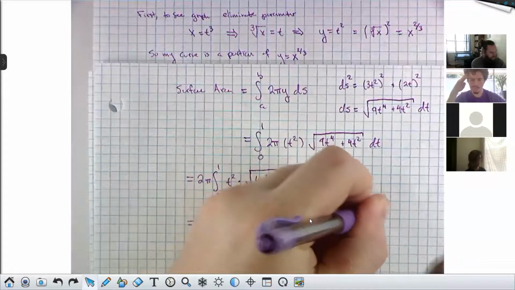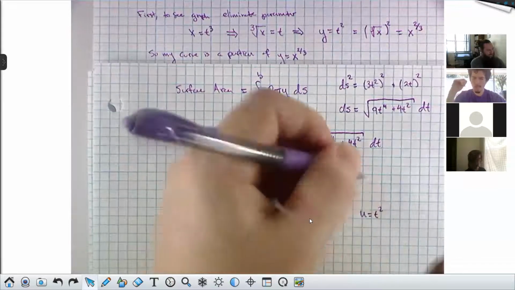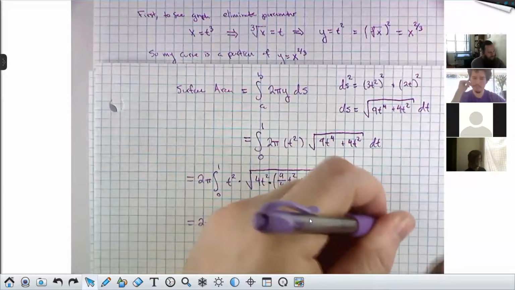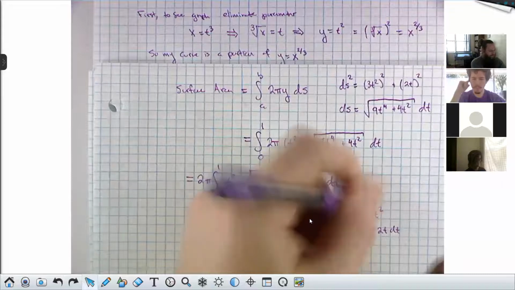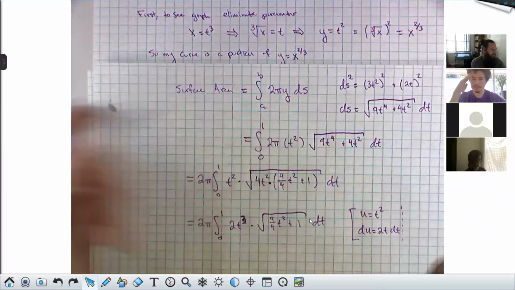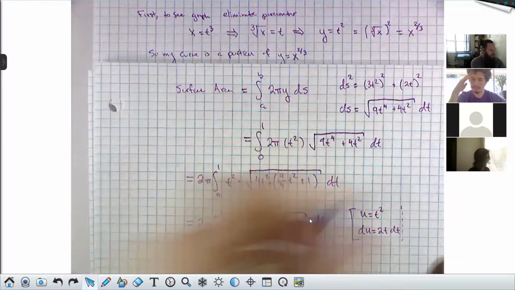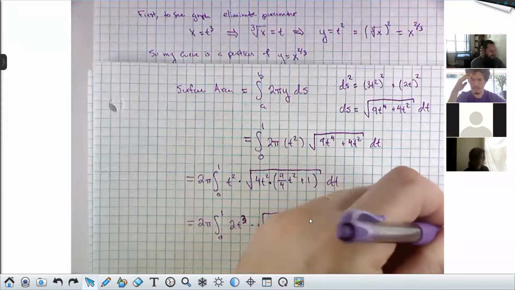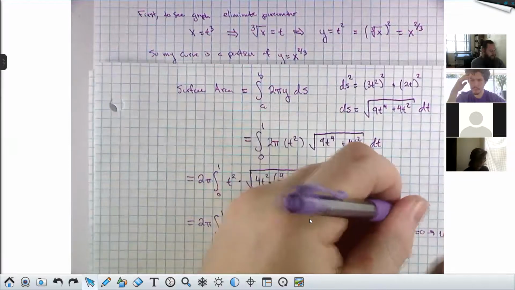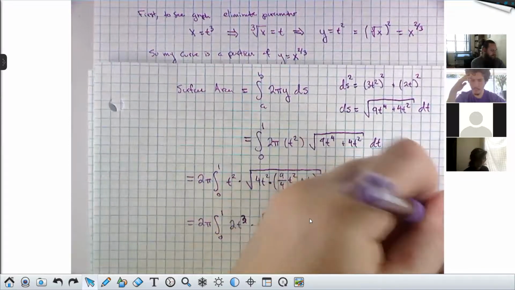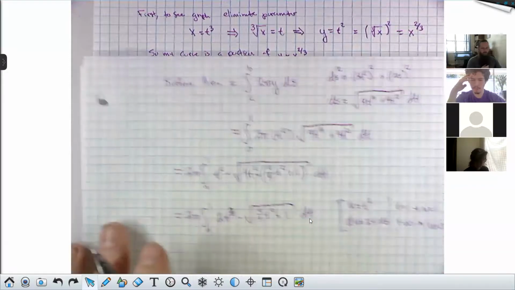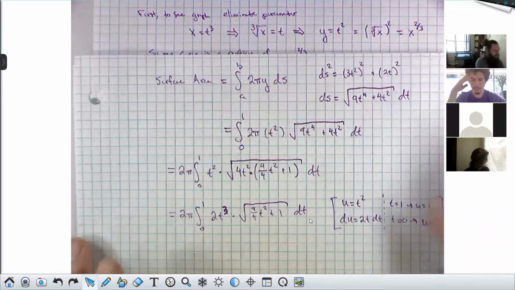Let's try u equals t squared, because then du is 2t dt. The bounds aren't going to change. When t is equal to 0, u is 0 squared, and when t is equal to 1, u is 1 squared. And those are 0 and 1 respectively. So the bounds stay the same through this substitution.